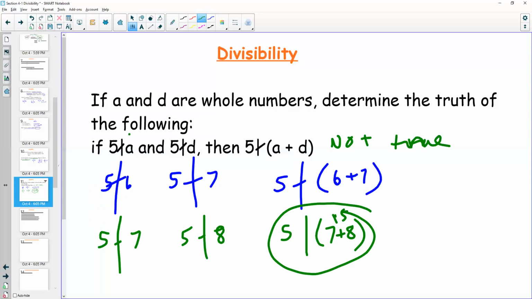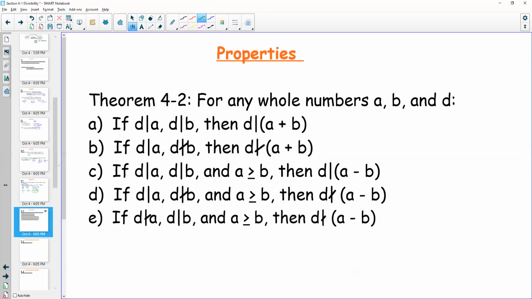So just because a number doesn't divide into 2 of the factors, when you add them together, it changes what's happening. Okay? So there are a couple of rules here. If a number goes into A and a number goes into B, it will also go into their sum. That's going to be true every time. If it divides into A and it does not divide into B, it will not go into their sum.